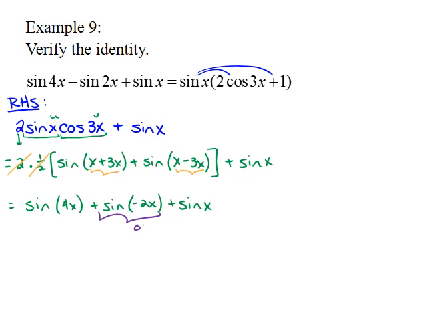And this middle term is an odd function, so if you have a negative input, the output is also negative, which gets us exactly to where we want to be, which is sine of 4x minus sine of positive 2x plus sine of x. And we are done.